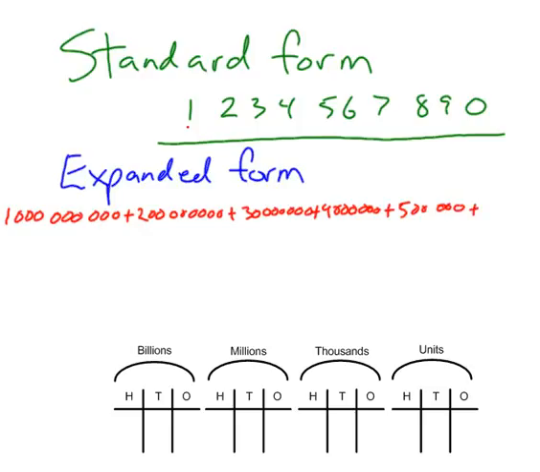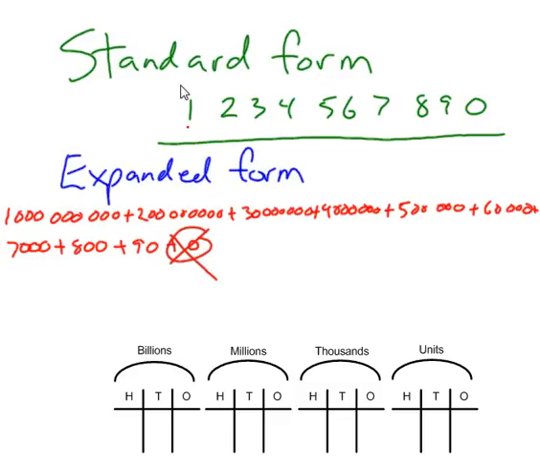500,000 plus 60,000 plus, not done yet, 7,000 plus 800 plus 90. Do I add anything after that? Well, you could say plus 0, but you don't have to, because there's nothing there.